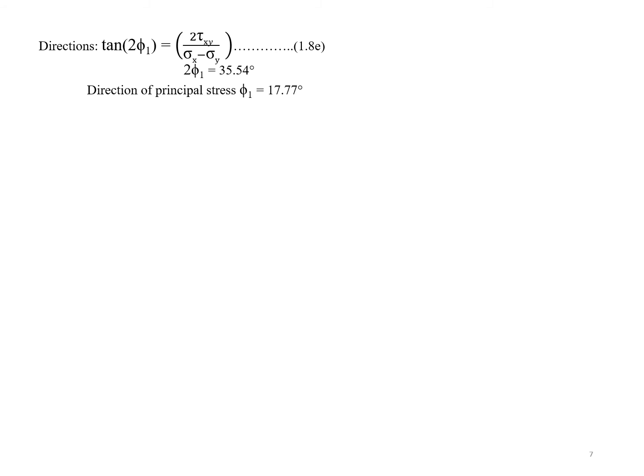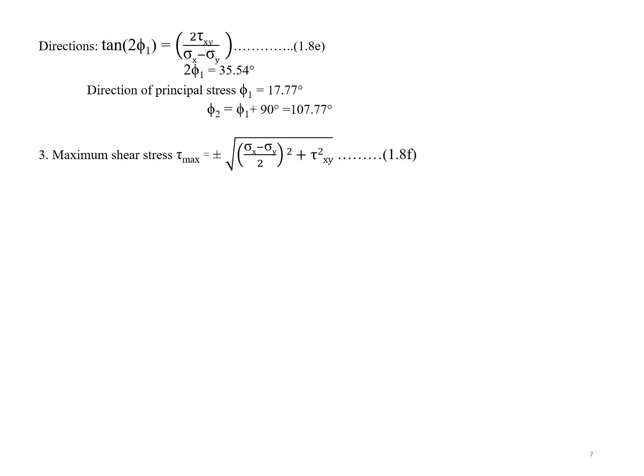You need to divide by 2. Similarly, you get the minimum principal stress direction, phi 2 is equal to phi 1 plus 90 degrees. So they are 90 degrees to each other. So it comes out to be 107.77 degrees.